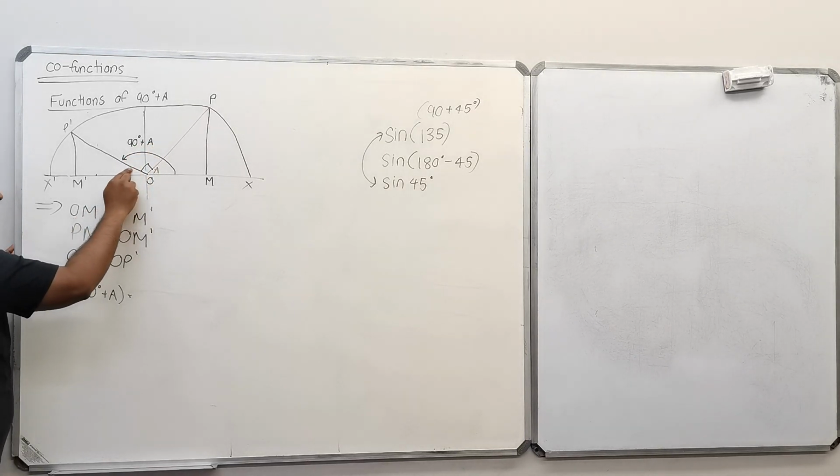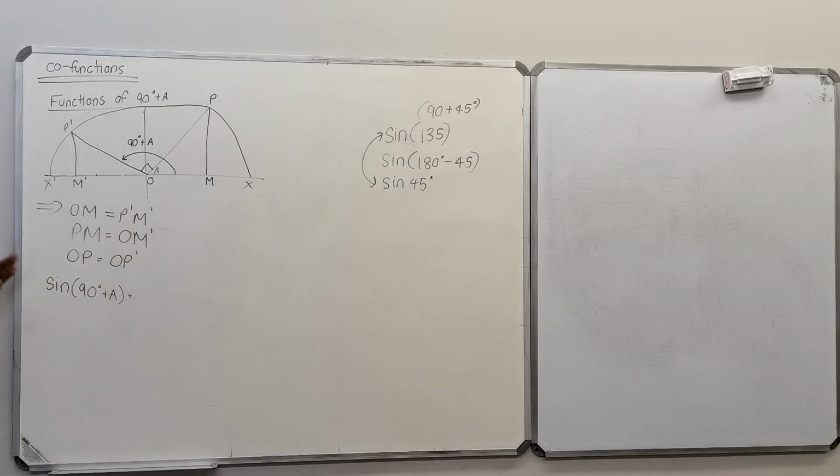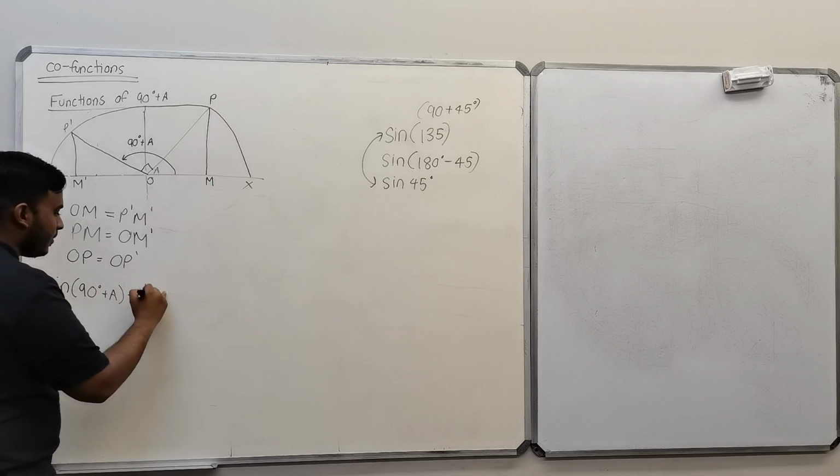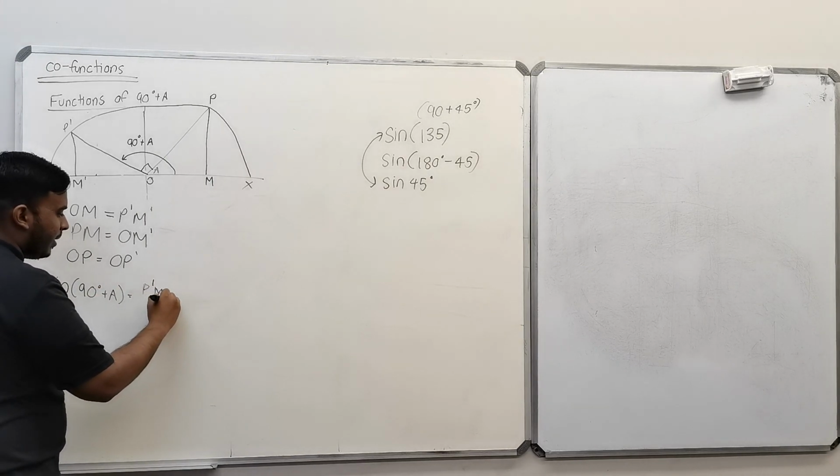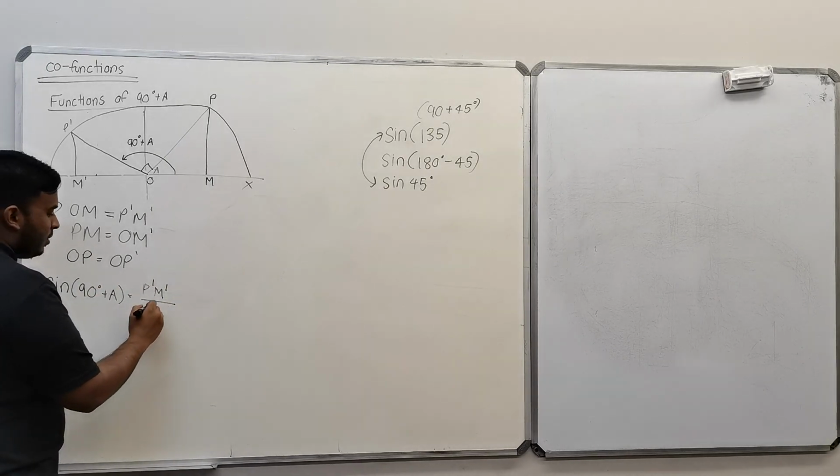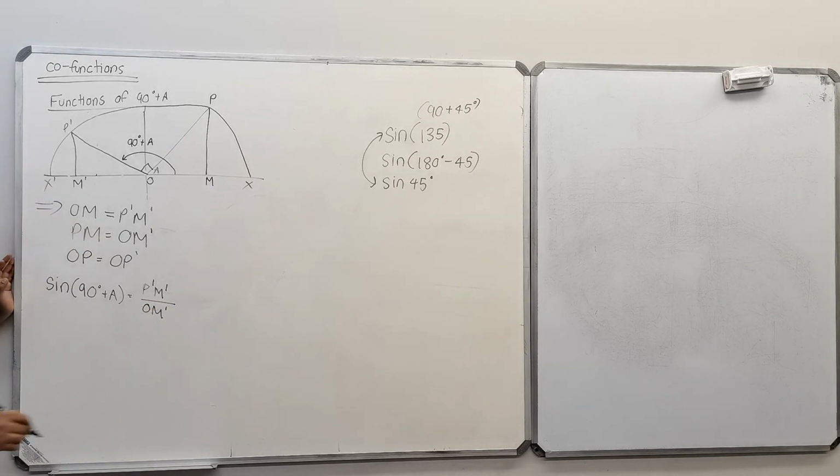So if I had to ask you now, using this point here, for sine of this, what's the sine equal to? P prime M prime all over P prime O. Sine is opposite over hypotenuse.